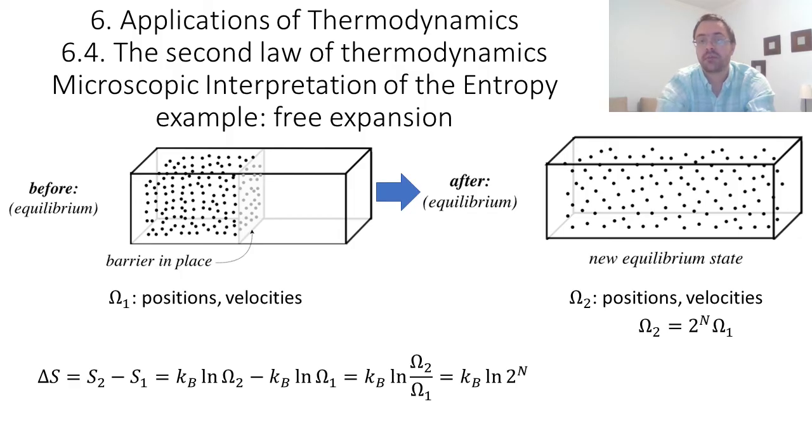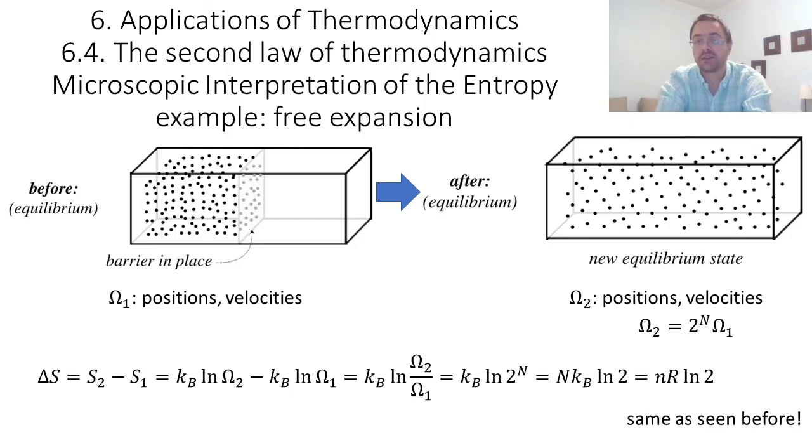And again, you can use the properties of the logarithm to write that the entropy change is n Kb ln of 2. Now, since Kb is equal to the gas constant R over the Avogadro number, then n times Kb is equal to nR, where lowercase n is the number of moles. And so the entropy change is equal to nR ln of 2. And now you see that this is the same relation as what we found in the video on entropy. So using S equals Kb ln of omega is equivalent to our previous relation.